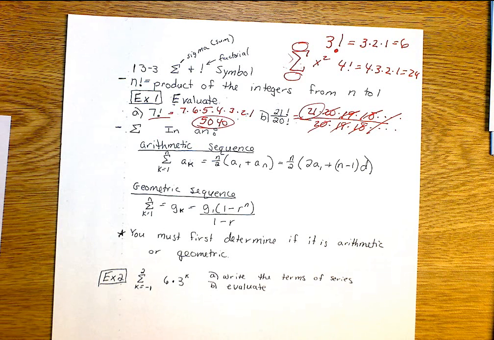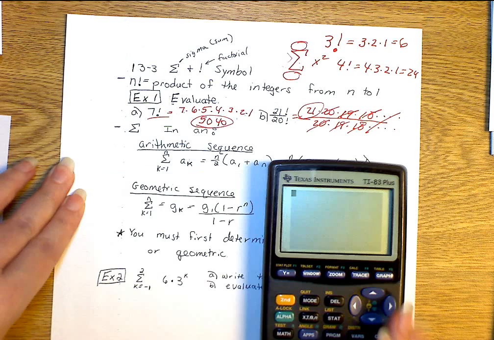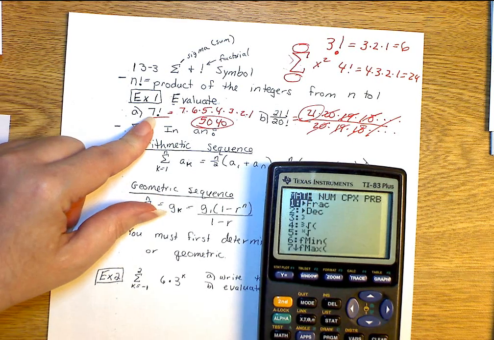Yes, I know a lot of you have already found the button on your calculator. You do have that button. To find it, go 7, then go to Math, and go over to the PRB.